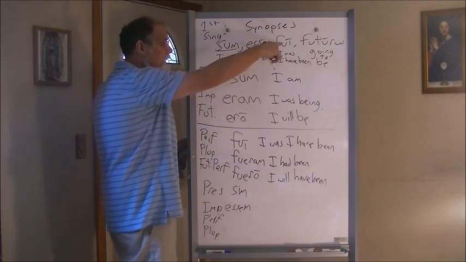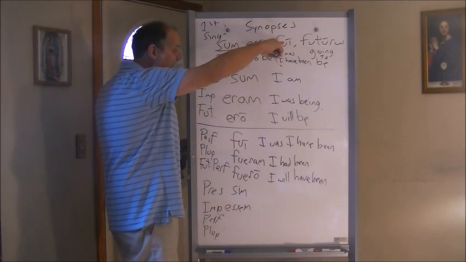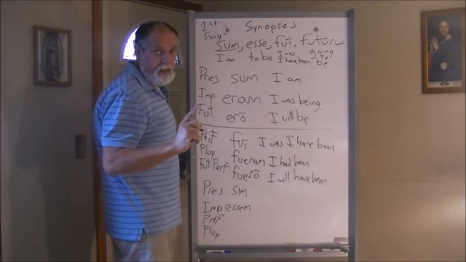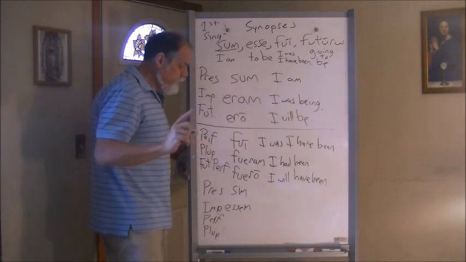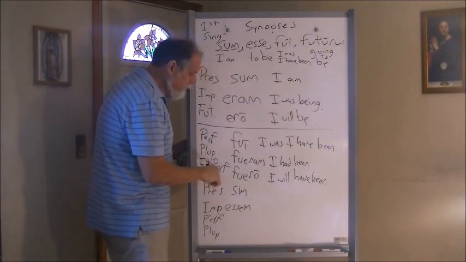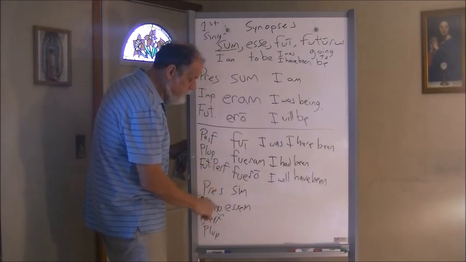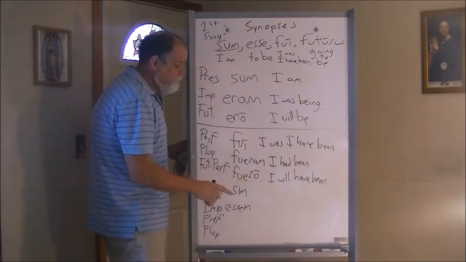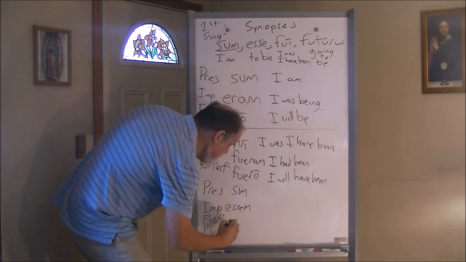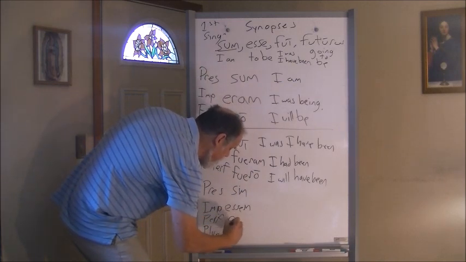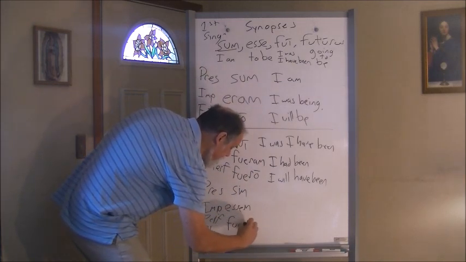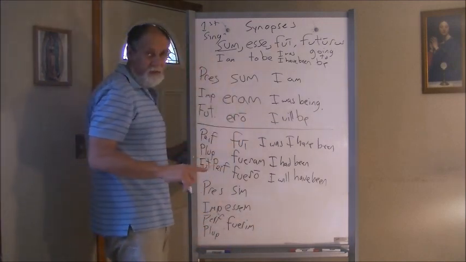For the perfect, there it is. We have fu, e, but here's the difference. Here's the big point for the perfect subjunctive. You know how I told you that the future perfect is always the same as the perfect subjunctive? Except in this case. Instead of fuero, you will instead, for the perfect subjunctive, have fuerim. And that is true of all first persons.